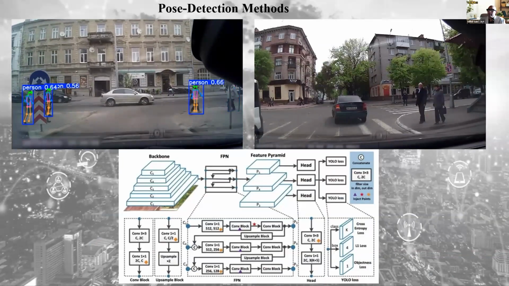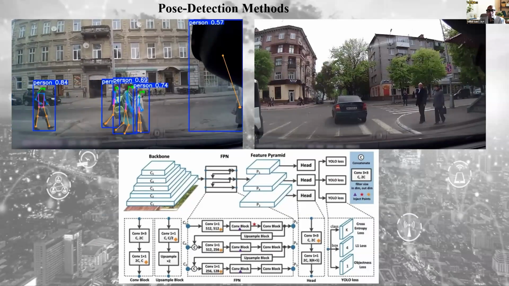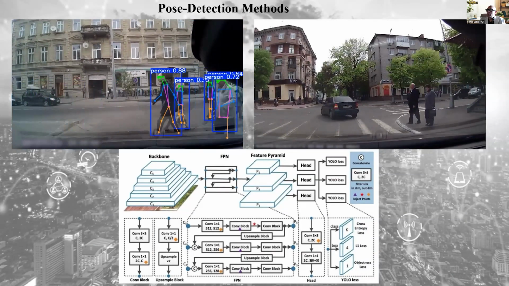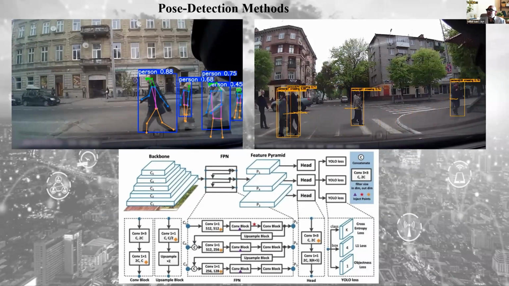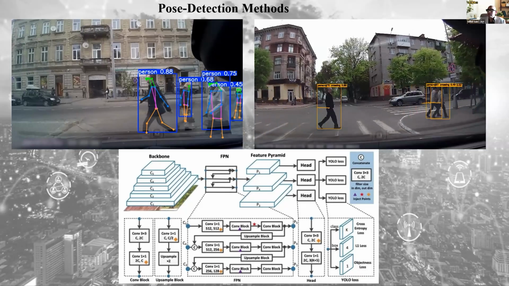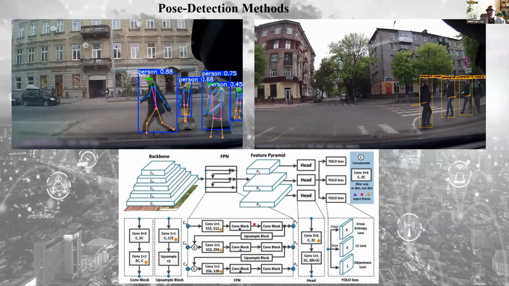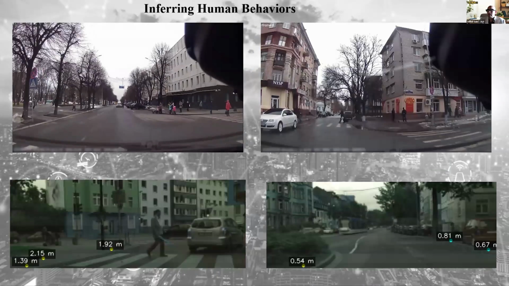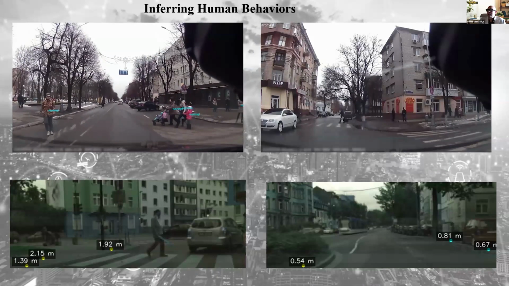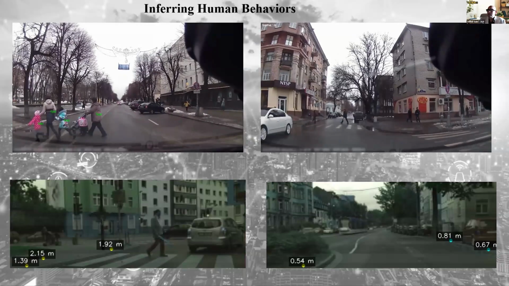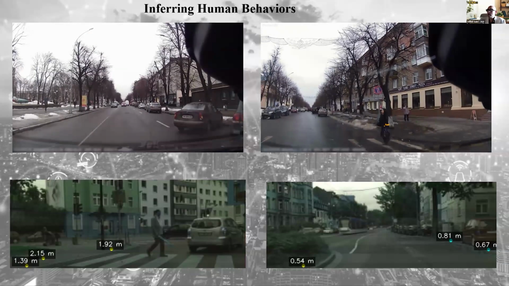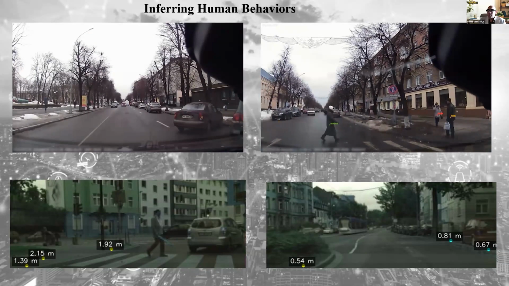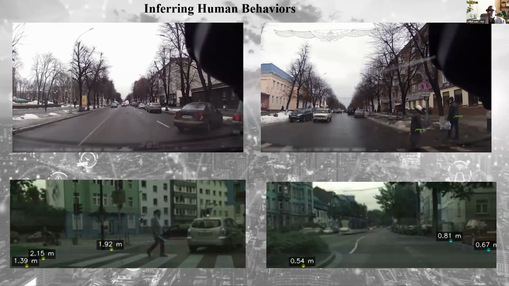So with that, we actually implemented pose detection capabilities to be able to understand the trajectory of people from the view of the autonomous vehicle, and that will inform whether this behavior of the person is a risky behavior or is a normal behavior, and then how it can be integrated or connected to the built environment in terms of the pedestrian walkway, the design of the space, the existence or lack of crosswalks, and so on and so forth.